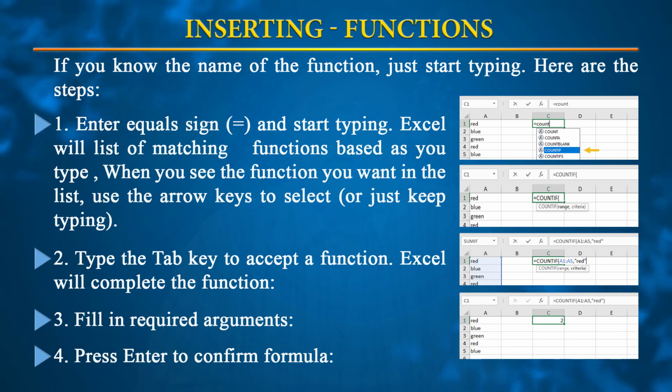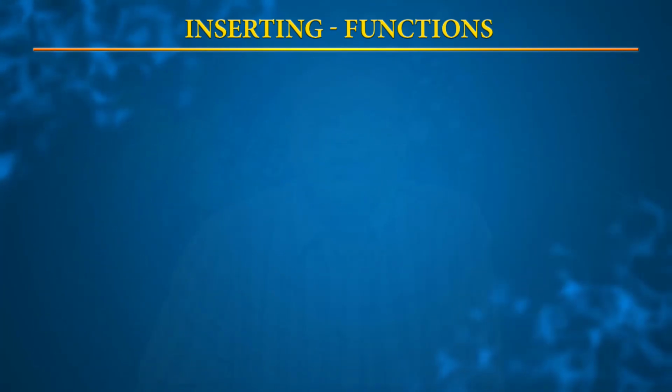Here again the COUNTIF mechanism is shown. The moment I typed equal to COUNTIF, a series of functions appeared. I selected COUNTIF, and then I passed the parameters, that is the range of cells, and the condition I am hunting for, and accordingly the result is reflected.